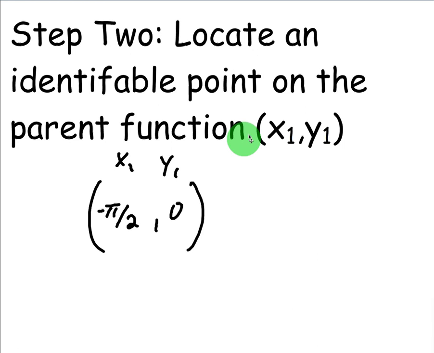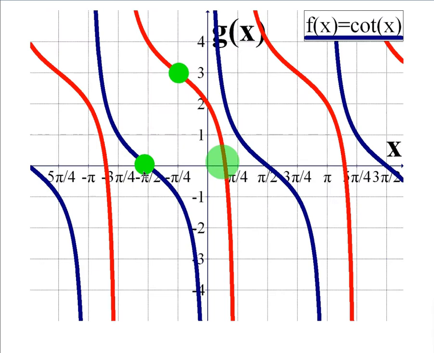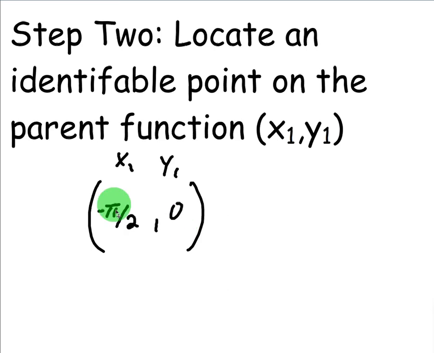But if it's cosine, pick the top of the wave because that's its initial point. I guess either one would work. Alright, so locate the identifiable point on the parent function. So if we go back to the parent function, here's that center of the S. It's at negative pi over 2 comma 0. So that's going to be our first identifiable point.